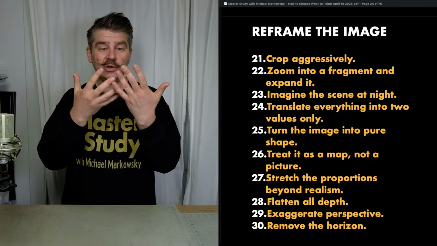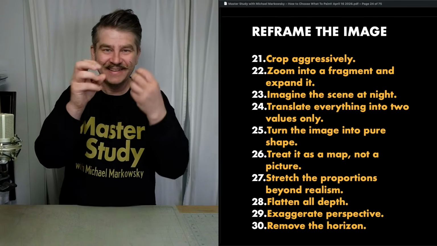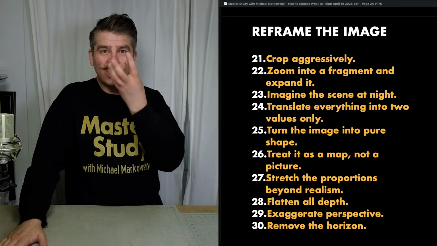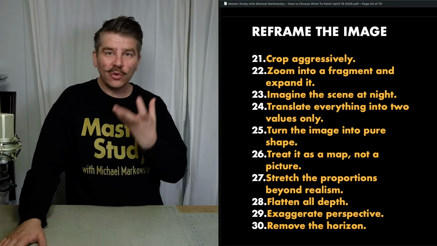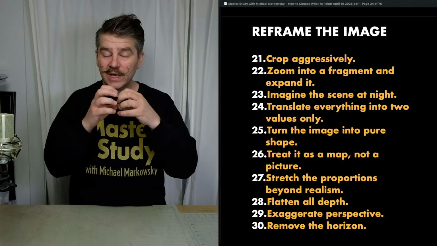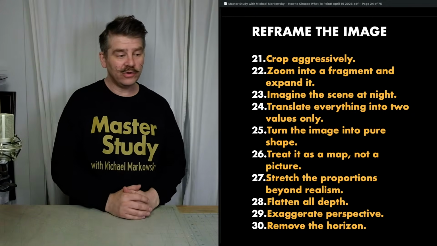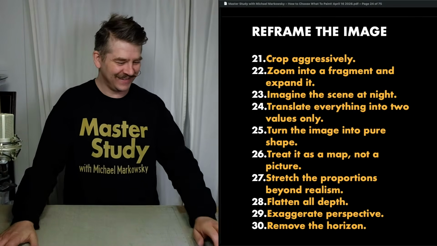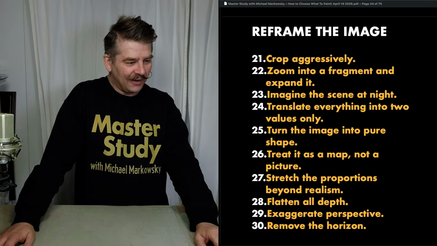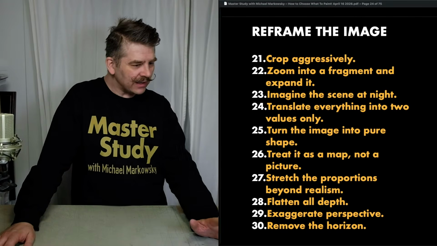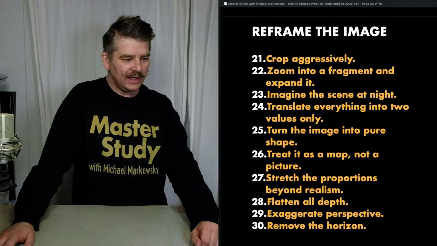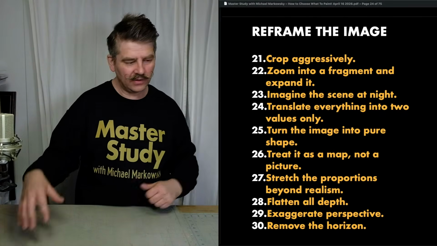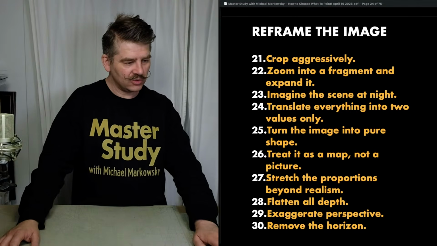And maybe it zooms in so close it's the mites on the dog, or the dog's nose, or its saliva, or its tongue. If we keep zooming in, you're going to start seeing different worlds you had no idea existed. Maybe sometimes you don't even want to know exists, right? So zoom into a fragment and expand it. That's kind of the same sort of thing, taking something, expanding it, and distorting that image potentially.